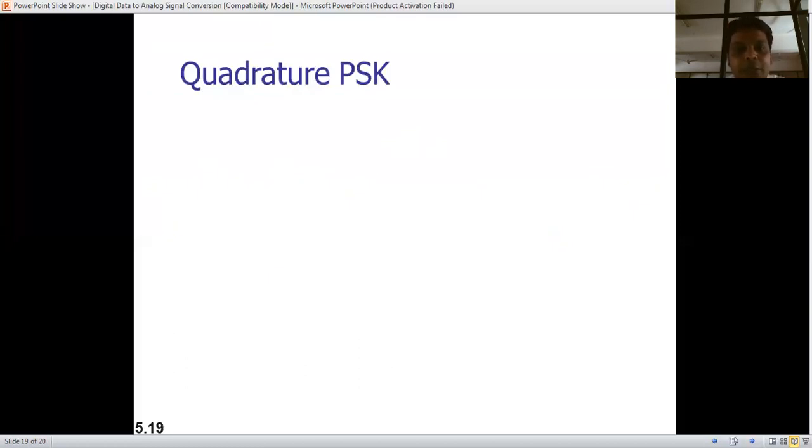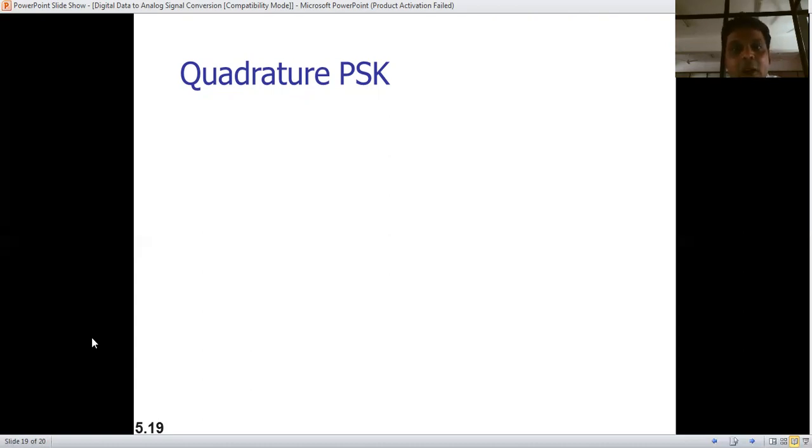So let's go to the next one, that is quadrature. Quadrature PSK is the last technique. In quadrature phase shift keying, we are increasing the bit rate. Remember, the objective of quadrature phase shift keying is to increase the bit rate. Now, how can we achieve this? To increase the bit rate, we can code 2 or more bits onto one signal element.